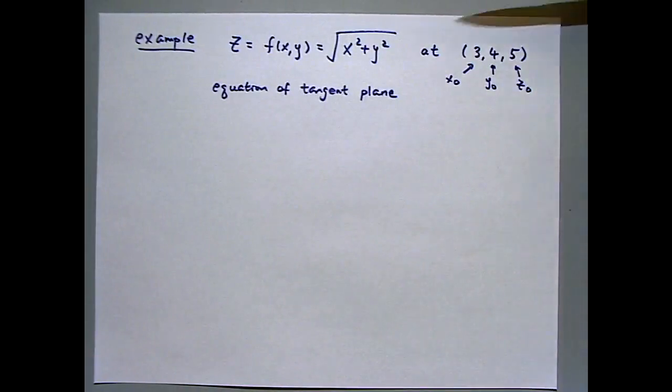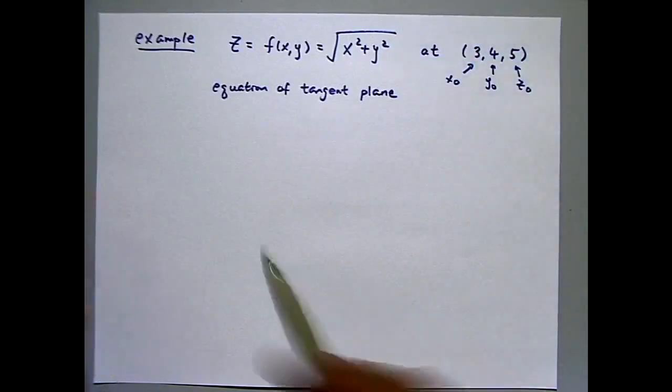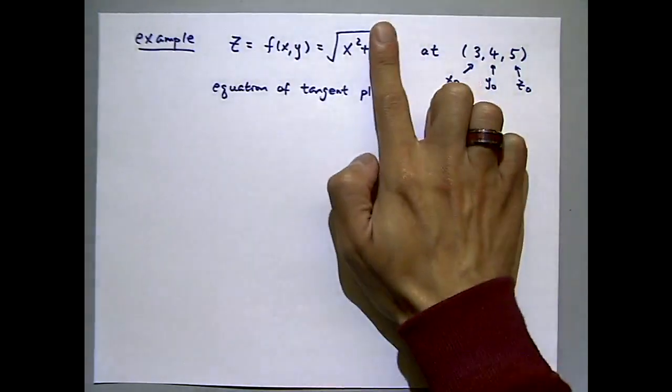Okay, first things first, what shape is this? Close, not quite. It's not a sphere. What do you think? Use traces. Imagine y is equal to 0.